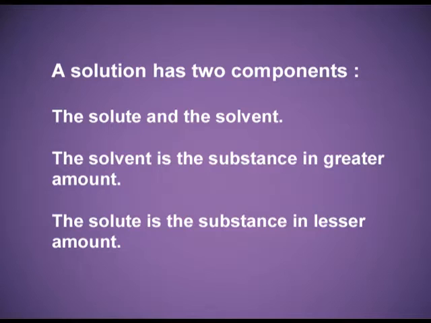A solution has two components, the solute and the solvent. The solvent is the substance in greater amount and the solute is the substance in lesser amount. Now, in our routine language, we say a solution is dilute or a solution is concentrated. That is, a dilute solution has a lesser amount of the solute.